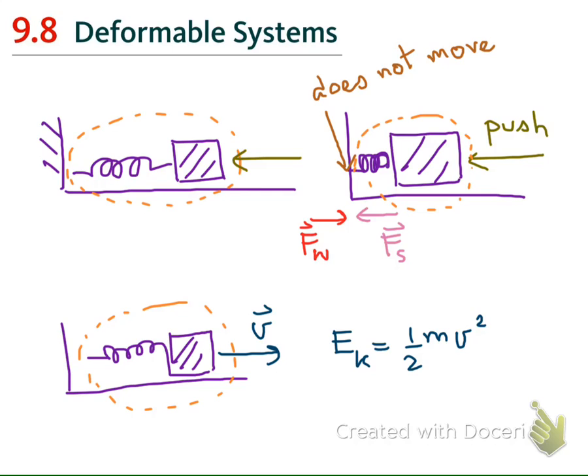The point where the wall exerts the force on the system does not move at all. So the force is there, but the point that the force is applied to does not move. Work done by the external force, which is the force from the wall here, is zero.